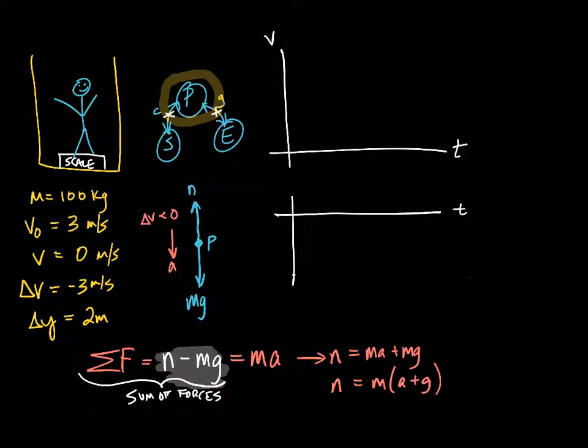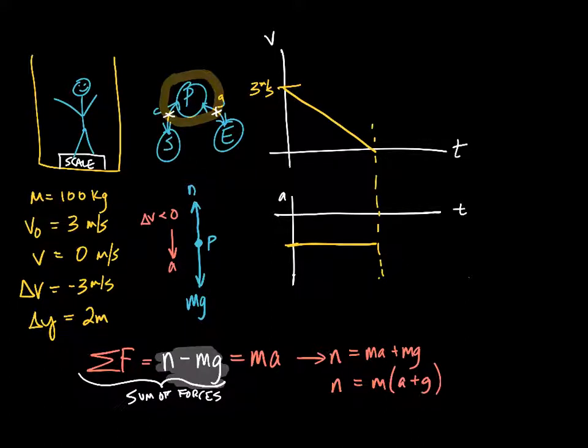So this is our acceleration graph. And according to the data, it started at 3 meters per second, down to 0, which means our acceleration is a negative acceleration of some sort.